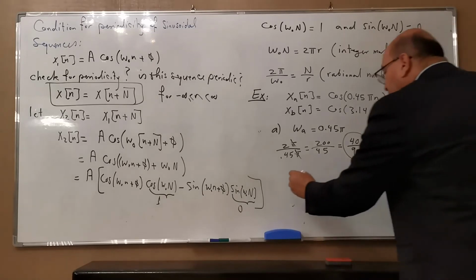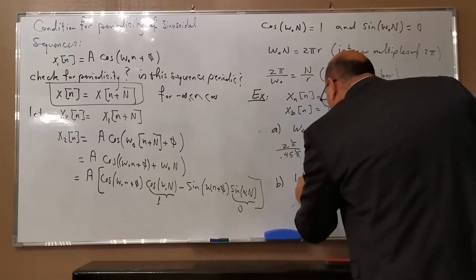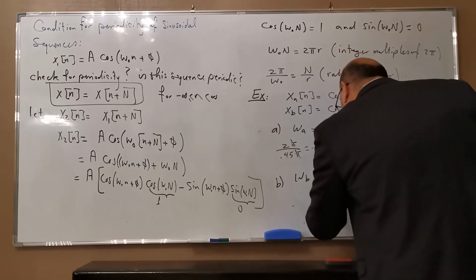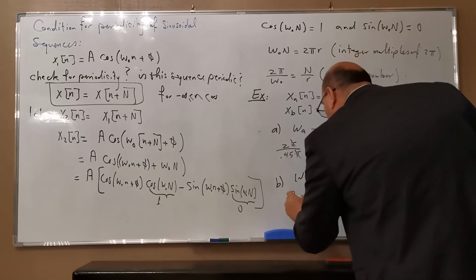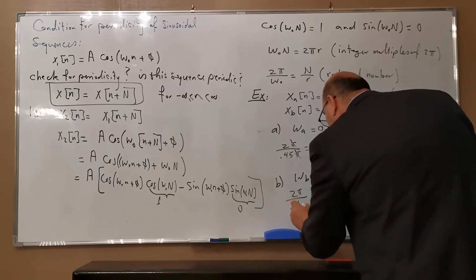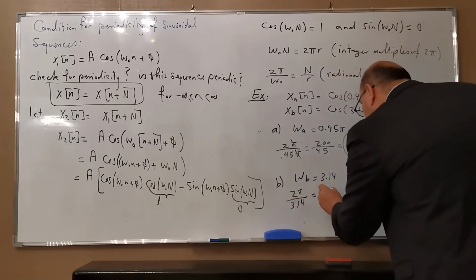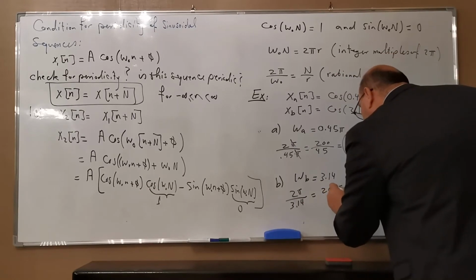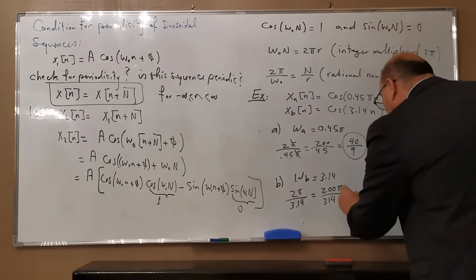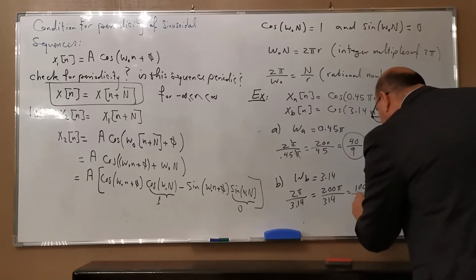Okay, for B, we have omega B equals 3.14, and 2 pi over omega B is equal to 200 pi divided by 314, which is equal to 100 pi divided by 157.